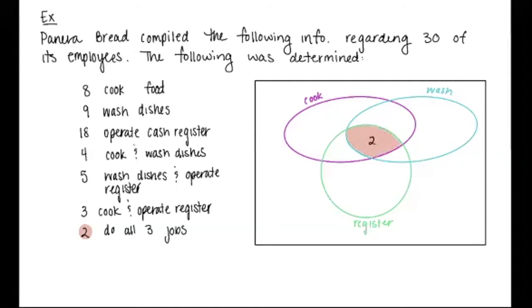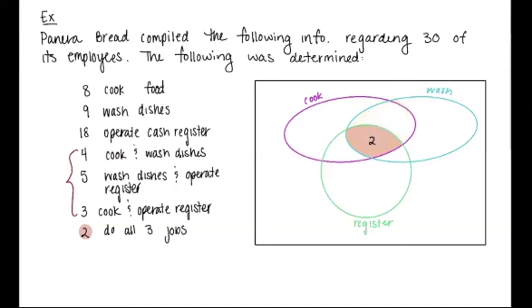So 2 people in the middle. Okay. Now I have all of this overlap between these regions. They tell me there's 4 people that can cook and wash dishes. So there should be 4 people in this complete overlap here. But I've already accounted for 2 of them.